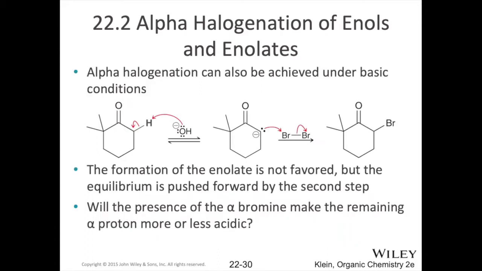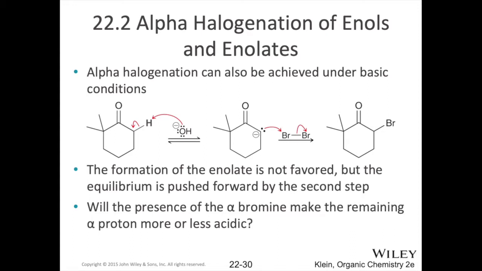Okay, so we've seen all these reactions occur under acidic conditions, right? We've seen that we need that enol present, and having an acid present to catalyze that tautomerization is necessary. Remember, we can also have tautomers form under basic conditions, and so these alpha halogenation reactions can also occur under basic conditions.